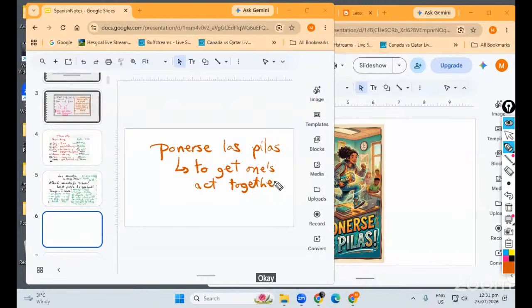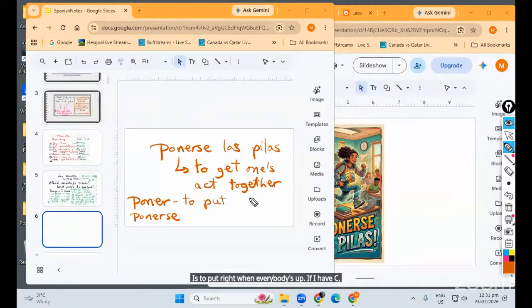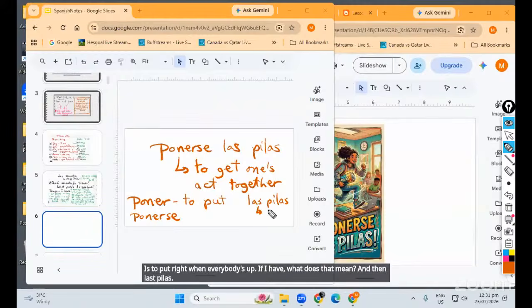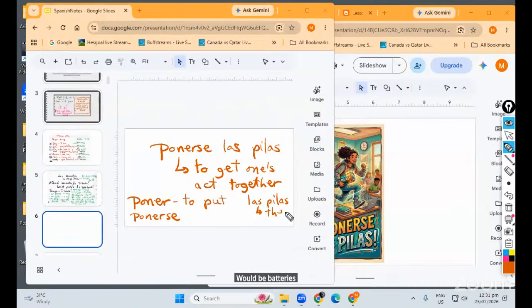Okay, and as a little vocab revision, poner is to put, right? Poner by itself. If I have ponerse, what does that mean? And then las pilas would be the batteries.